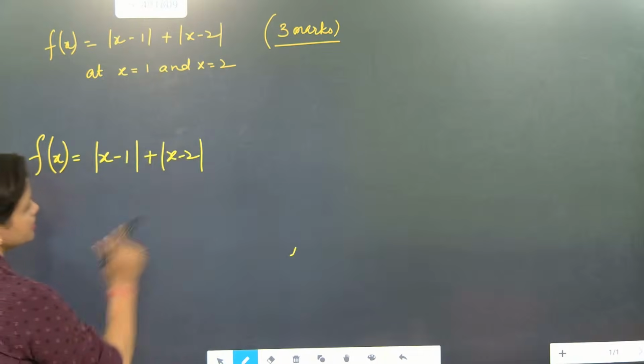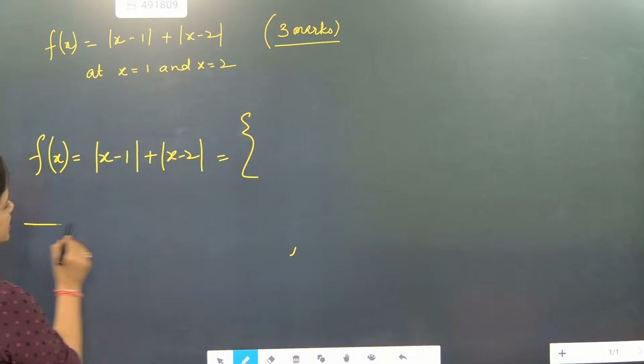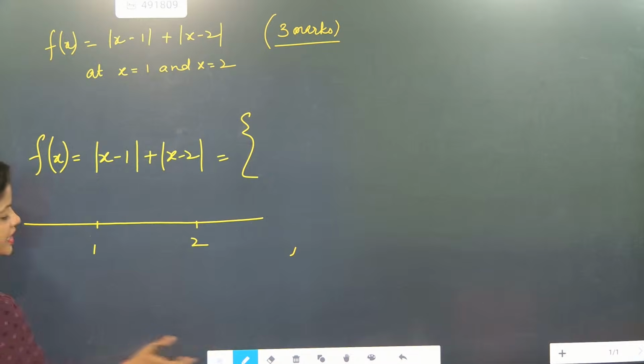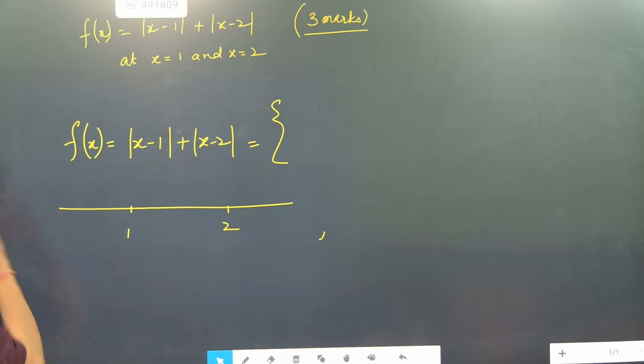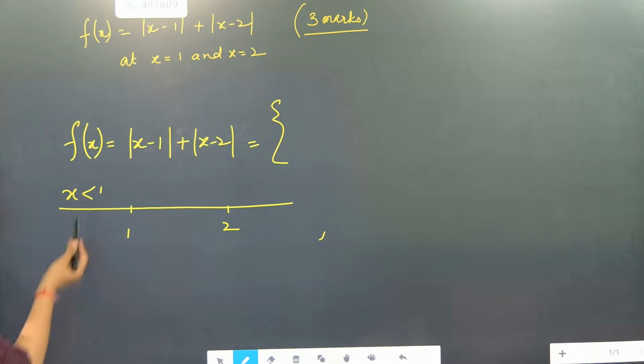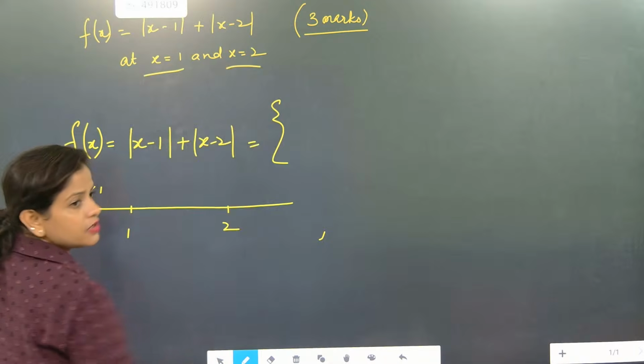So when you are writing this, we will write first here. The entire section got divided at 1 and 2. Correct? When you write this out, your concept will become very clear. So this is x less than 1, because they told us to check continuity at 1 and 2.